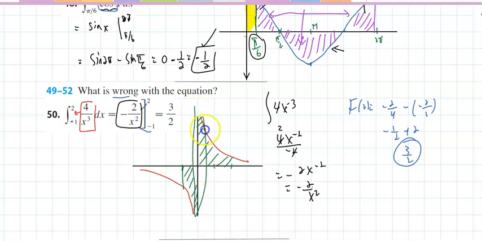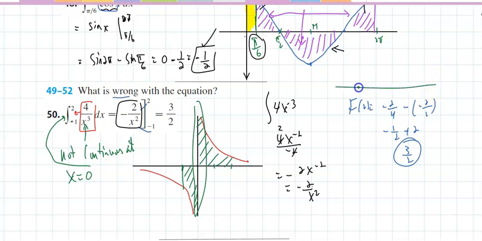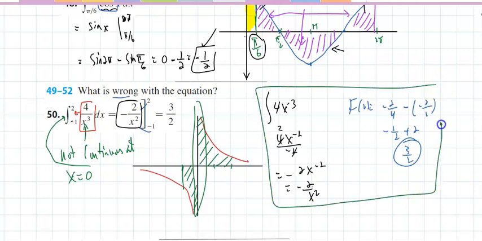Do you see this is not continuous at x equals 0, and 0 happened to be in there? The only condition for me to use the fundamental theorem of calculus is for this function to be continuous on that interval. It's not continuous, I can't use it.